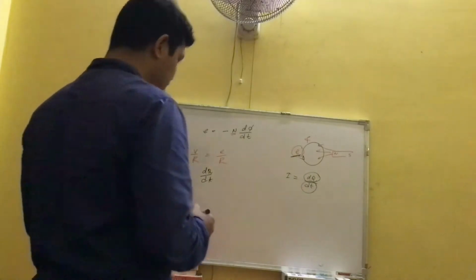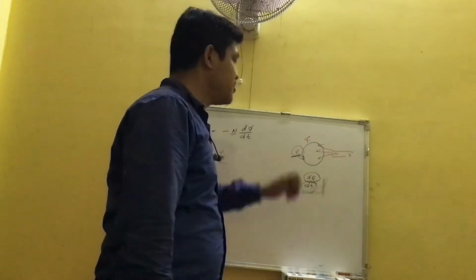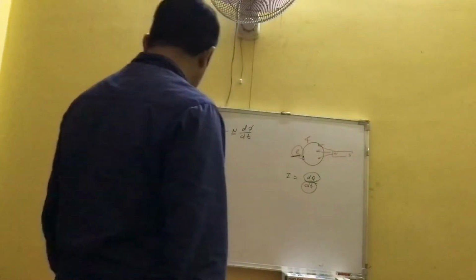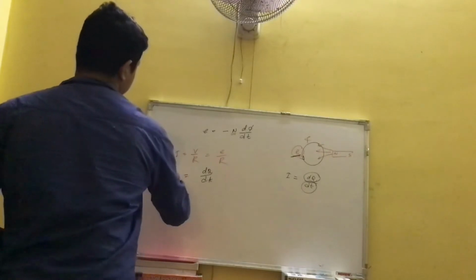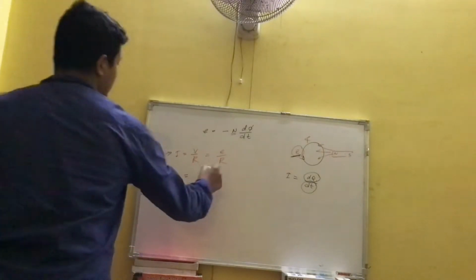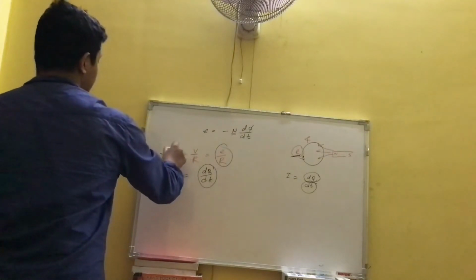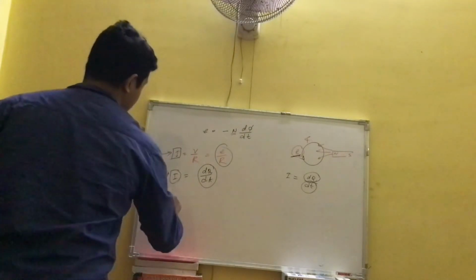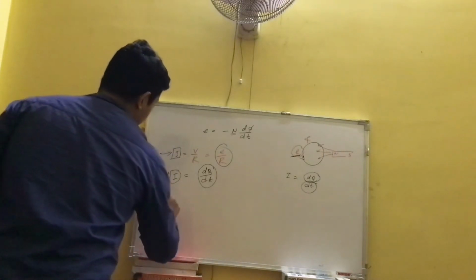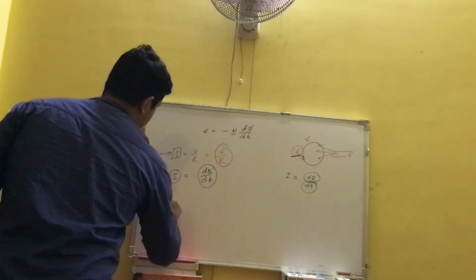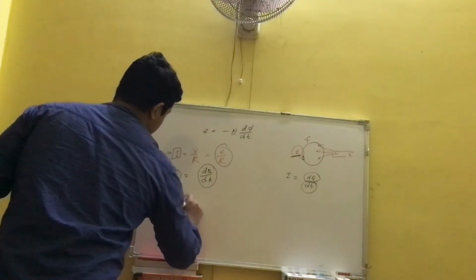In this case, dq is the induced charge due to the induced EMF. So from these two equations, what can we say? We can say these two are equal because the left hand sides are equal. So we can write E by R is equal to dq by dt.